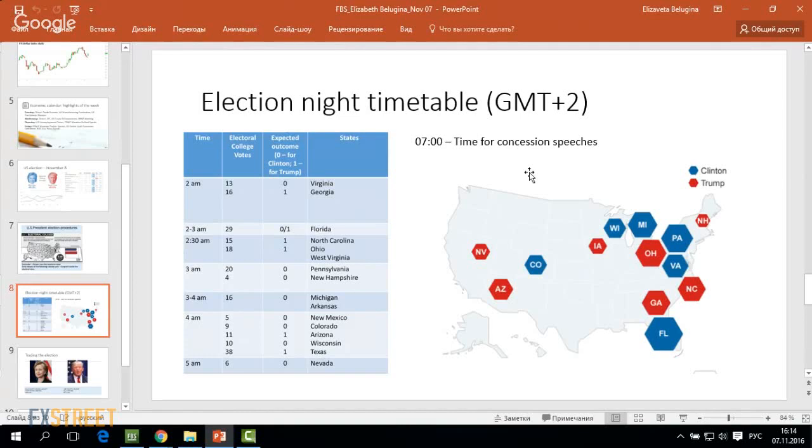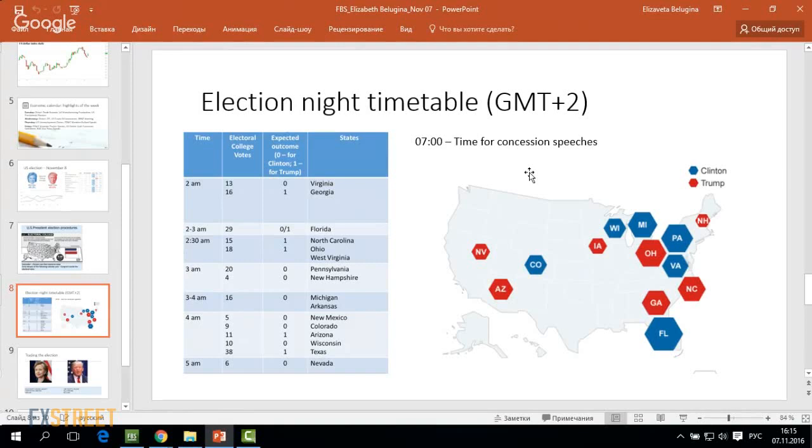The results are not really final, but still it's already clear who is the winner. So this time, if we have a winner, the loser usually says a so-called concession speech in which he or she admits the result of the election, and it all becomes clear.